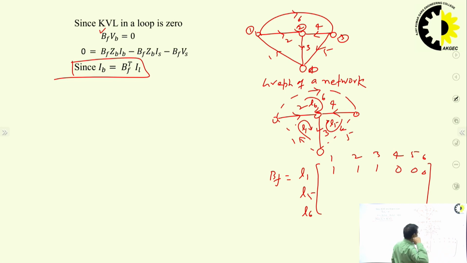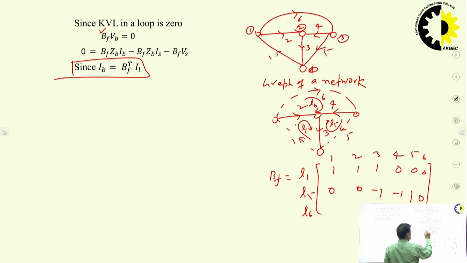Then L5: the direction of the link is this, so the orientation of the loop is this. So 5 is plus, 3 is minus, and 4 is minus, remaining 0.